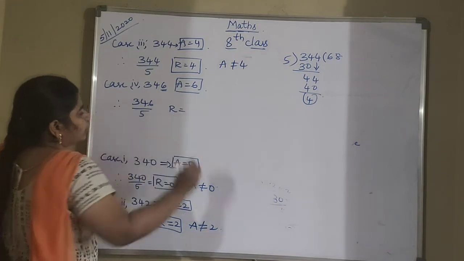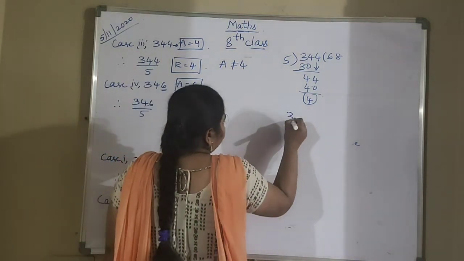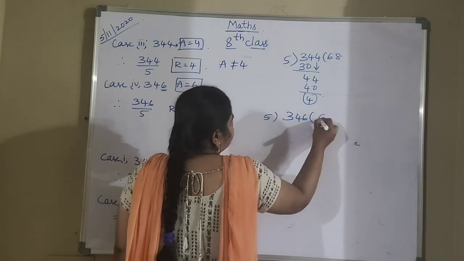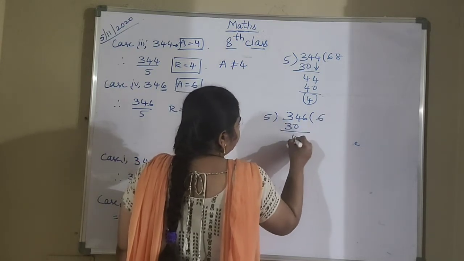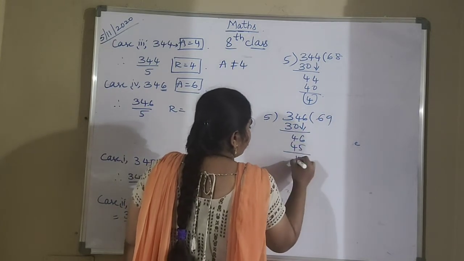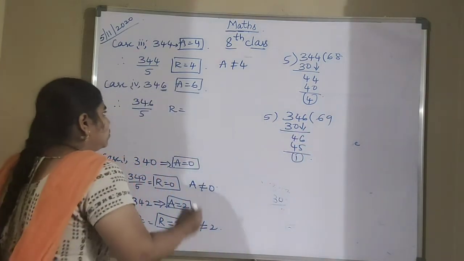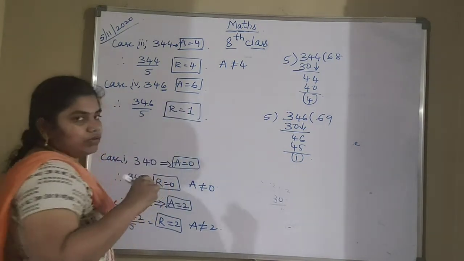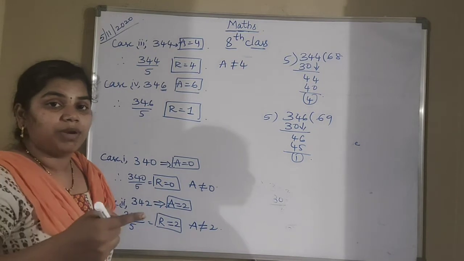What remainder it will leave we will see. 5 6s are 30, bring 6 down, 5 9s are 45. You got the remainder as 1. They already told that it leaves a remainder of 1 when it is divided by 5.